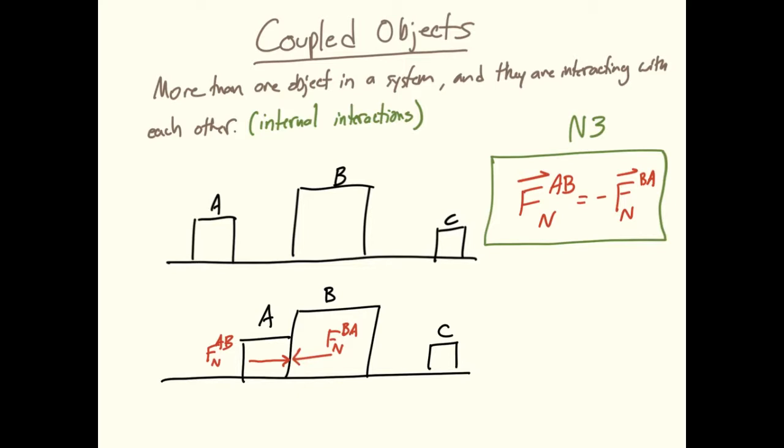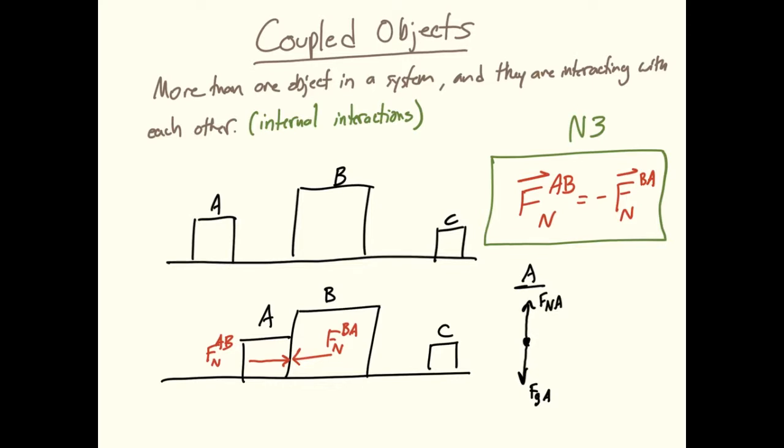So I can use this statement to help me write my free body diagrams. So I'm going to start with a free body diagram for block A. So here's my dot that represents the block A. The block has some mass, so I'll just write Fg sub A to represent the gravitational force on A. The floor is acting on A, pushing up on it, so I can write that, let's say, FnA.